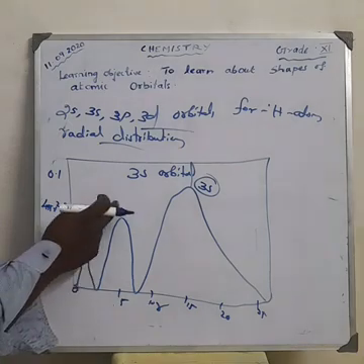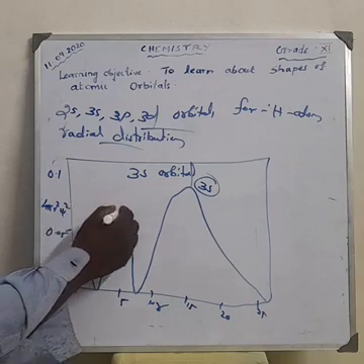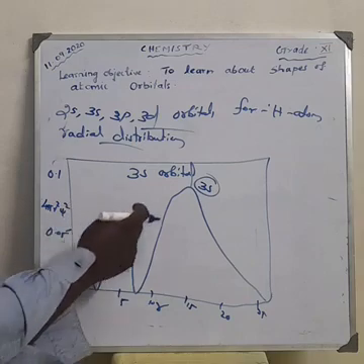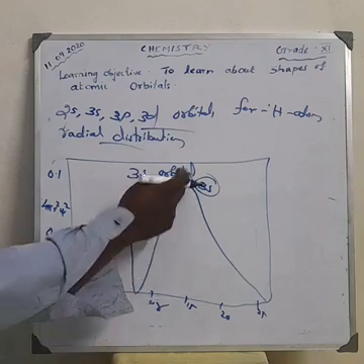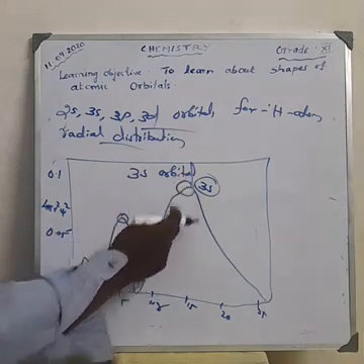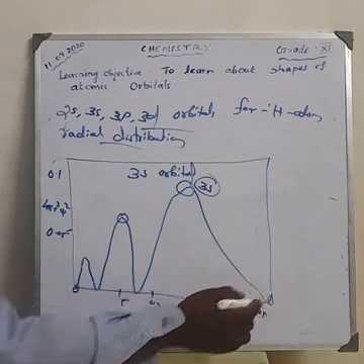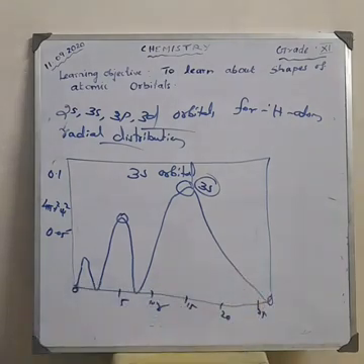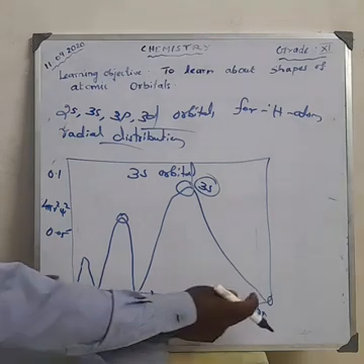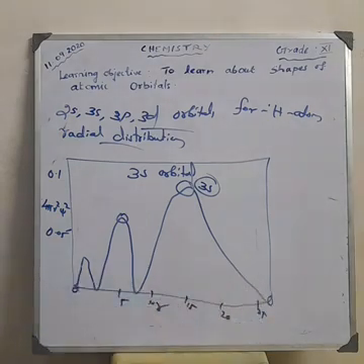The region where the probability density reduces to 0 is called a nodal surface, otherwise called a radial node.